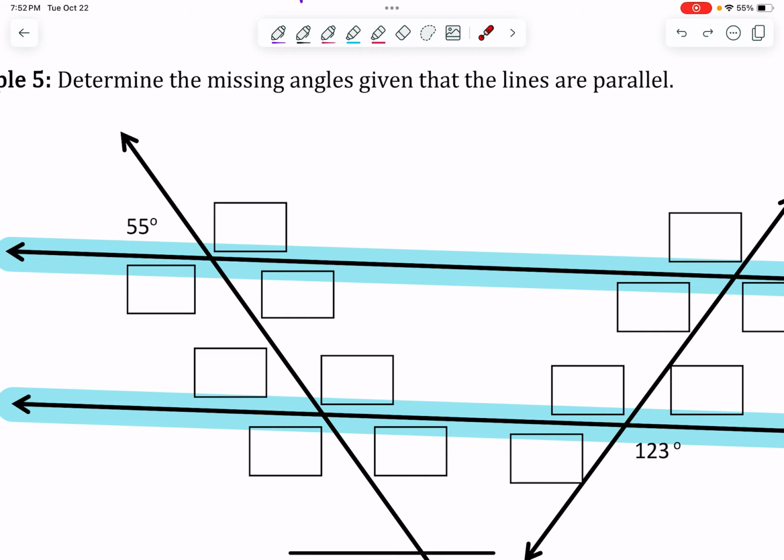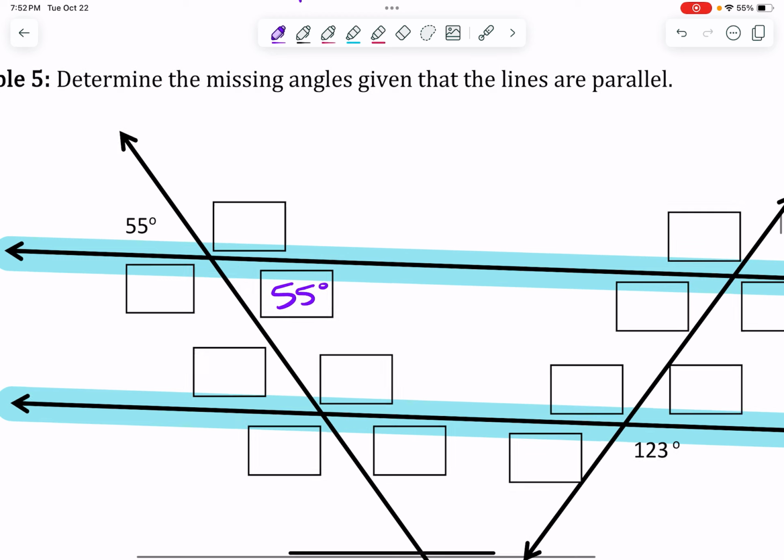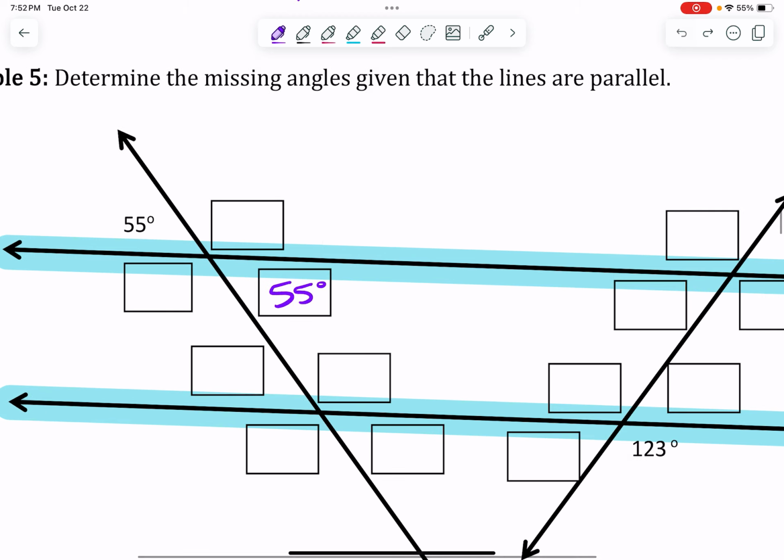My favorite would be to start with any of the ones that kind of go across the X here. And that means that right over here, we've got 55 degrees. Also over here, we've got 123 degrees. Next up, I like to see all these supplementary ones.